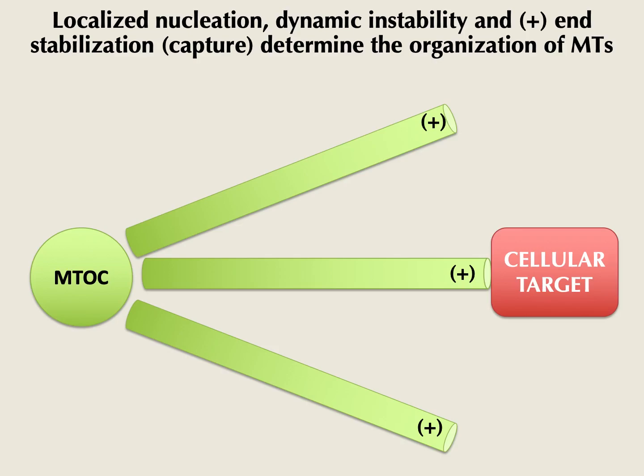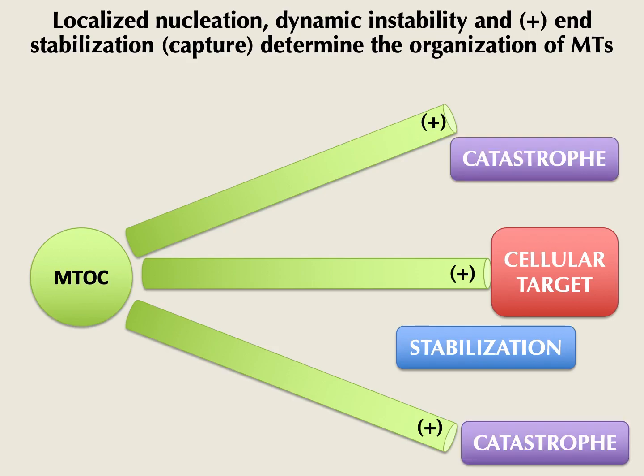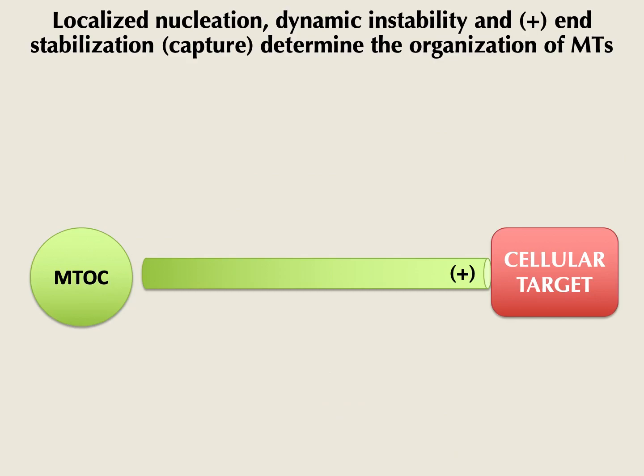In other words, it will inhibit catastrophes. But the free ones still have their normal rates of catastrophe, they will undergo catastrophe. And at the end of the day, catastrophe tends to win. But the good news is you end up stabilizing the microtubules that are interacting, in a constructive way, if you will, with cellular targets.